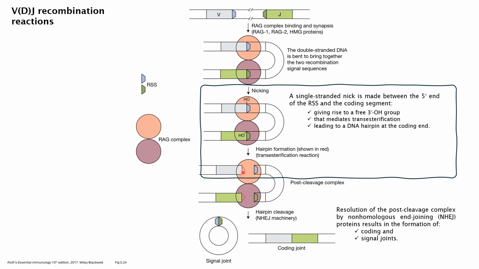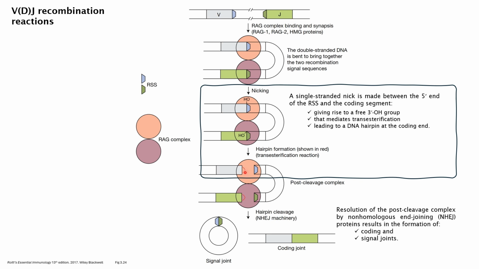This little red thing here represents something a bit strange. When DNA is cut, say by a restriction enzyme, it leaves two free ends, a 5' and a 3' end. However, here what happens is a transesterification reaction occurs in order for the 3' end of one strand, DNA is double-stranded, to be joined to the 5' end of the other strand.